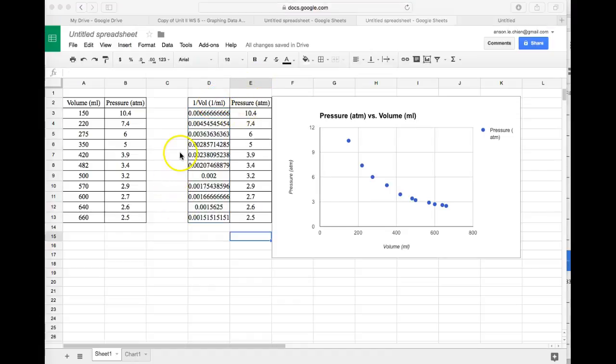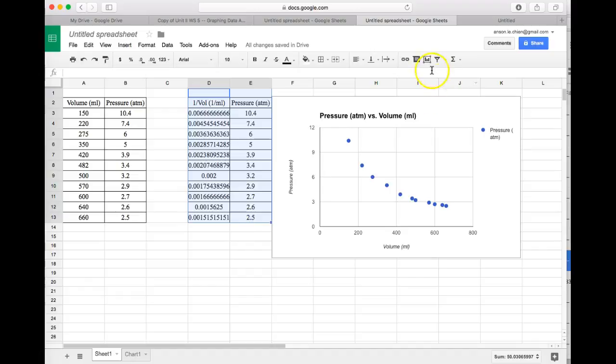Okay, before I insert a new chart, I'm going to highlight the data I want graphed. So this will be the independent axis, and this will be the dependent. And I go to Insert Chart.